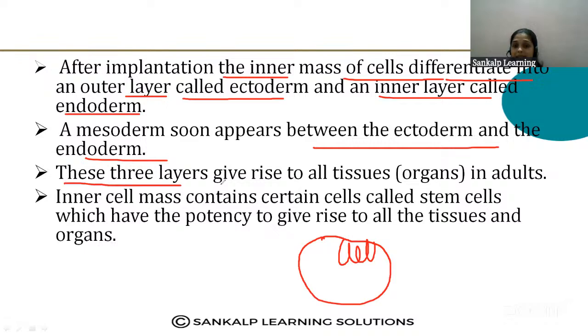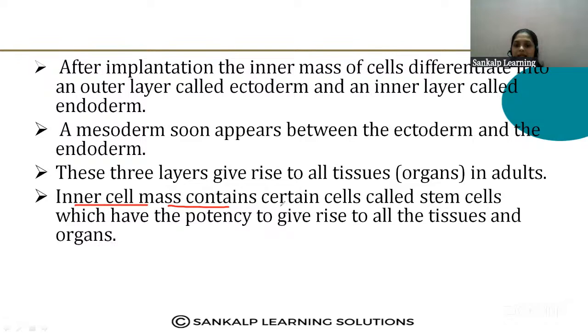These three layers give rise to all tissues in the adult. So ectoderm, endoderm and mesoderm are responsible for the formation of the organs in the adult. One more important point: the inner cell mass contains certain cells called stem cells, which have the potency to give rise to all the tissues and organs.